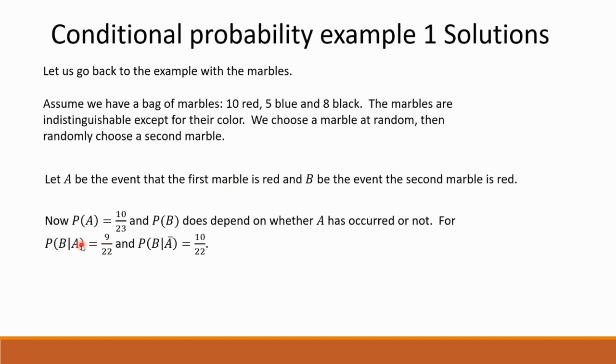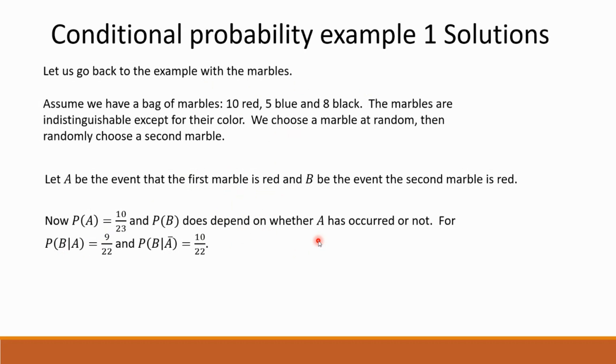If A occurs, meaning the first marble we picked out is red, that means there's one less red marble in here. So there's 9 red and there's 22 marbles altogether. The probability of picking red for the second marble would be 9 out of 22.